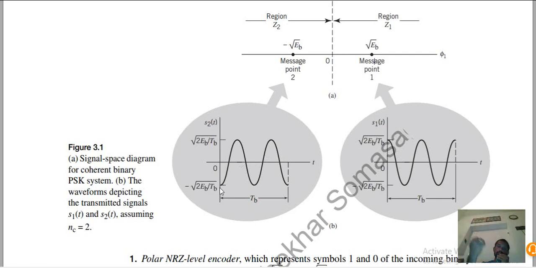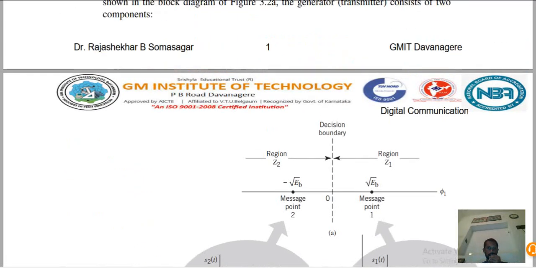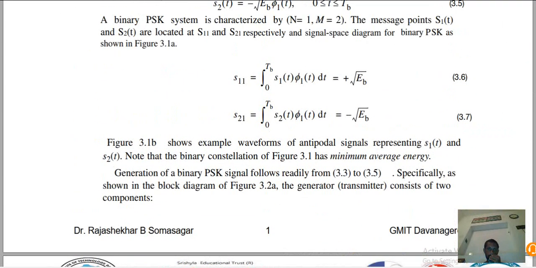That is, S2 of t is minus square root of 2EB by TB, and S1 of t has started here, the arrow mark I am showing, from the positive energy. These are how the constellations are maintained. Okay, move on to next.